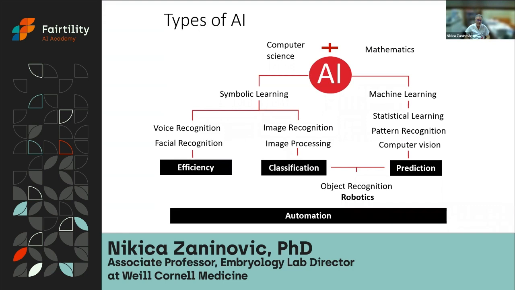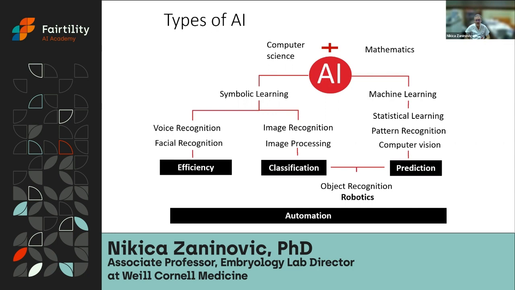So of course, we need to acknowledge what artificial intelligence is. It's basically a merger between computer science and mathematics. And it really depends on what we are trying to achieve using AI technology. Are you trying to achieve efficiency, classification, or prediction? You're going to use different types of AI methods or machine learning methods.